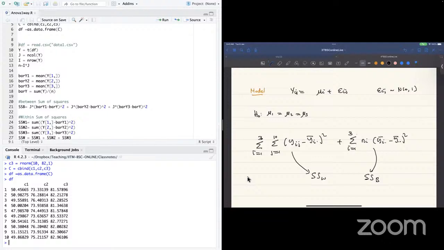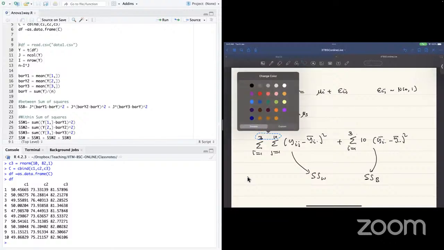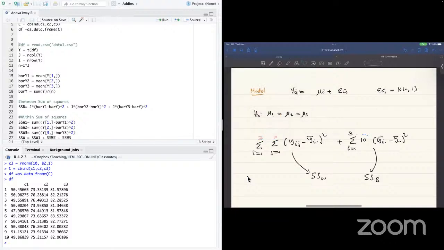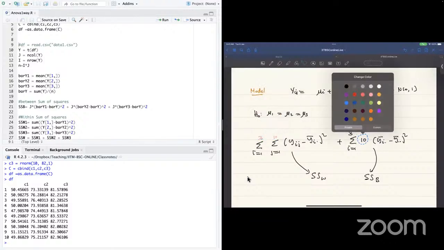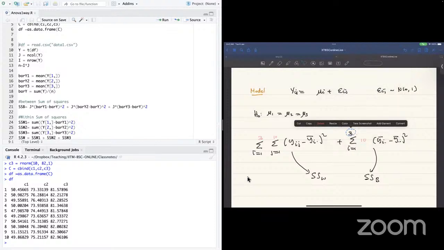And then my N_i's are all 10, so I just move across and put a 10. Maybe I'll make these numbers orange, let's say. Let's call this pink, and this one also pink. So these are our numbers in this example: we have 10 answer scripts and 3 graders.